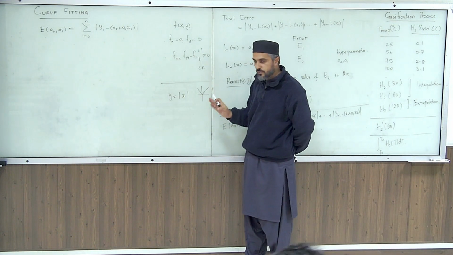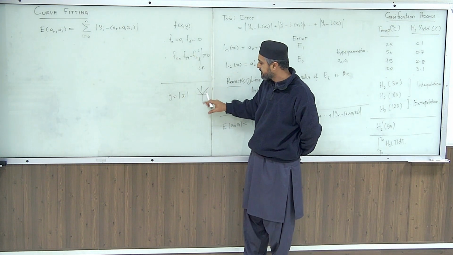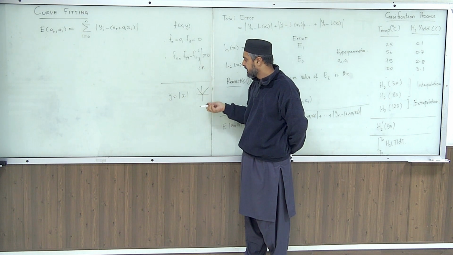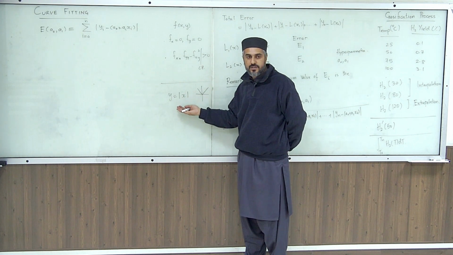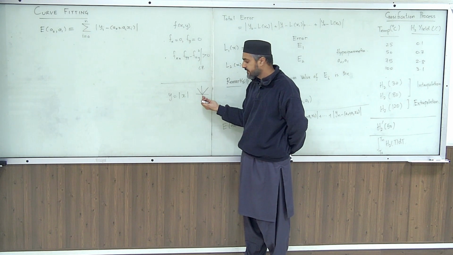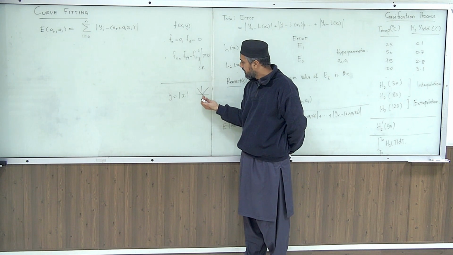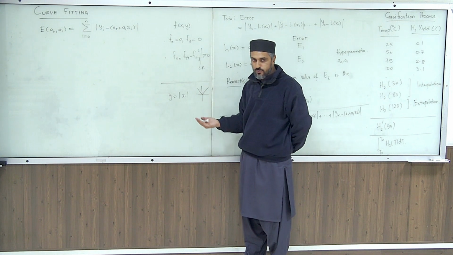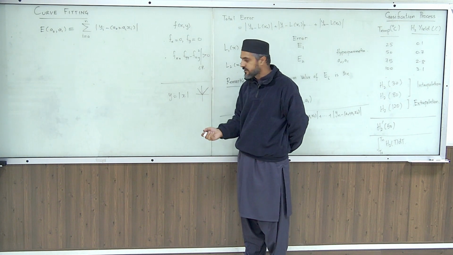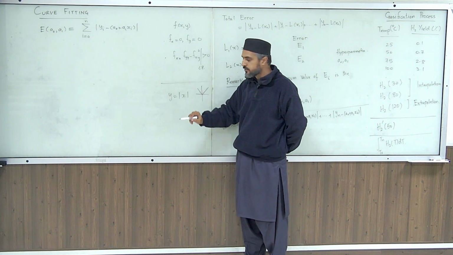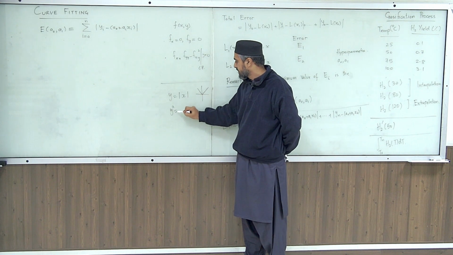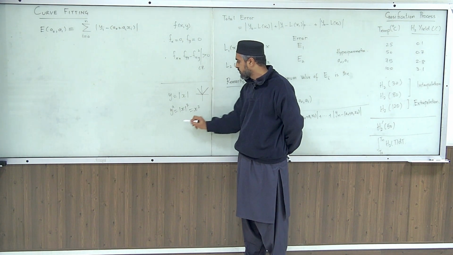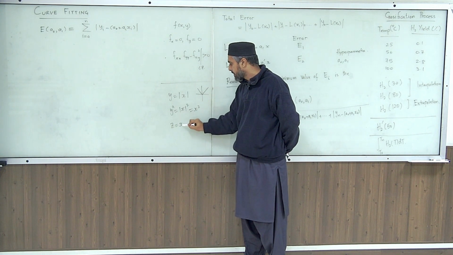A minima occurs at this point, but you cannot apply the second derivative test to find the minimum because it is not differentiable at the point where the minima lies. So what we can do is create another function by taking a square on both sides. Mod of x squared means x squared, and let me call this z equals x squared.